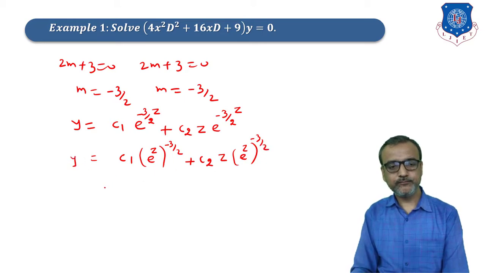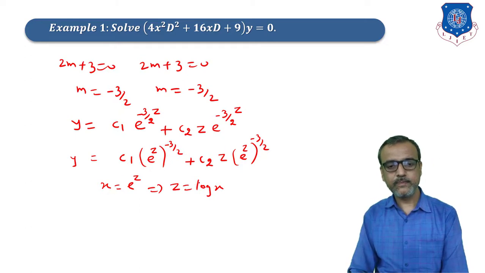Now we know that x equals e raised to z. Therefore, if we take logarithm on both sides, we have z equals log of x. So in this solution, we will just replace e raised to z by x and z by log x. So finally, the required general solution is y equals c1 x raised to minus 3 by 2 plus c2 log x times x raised to minus 3 by 2.